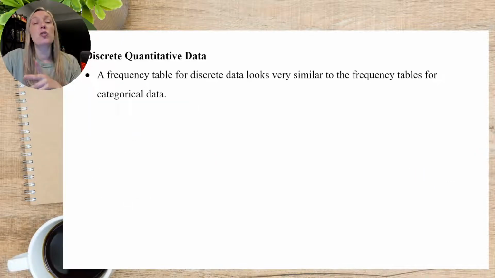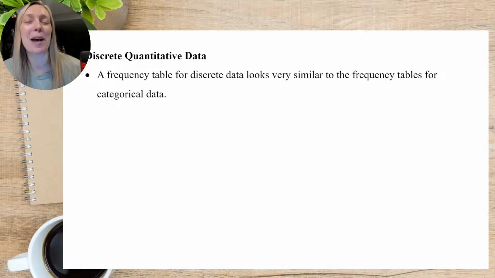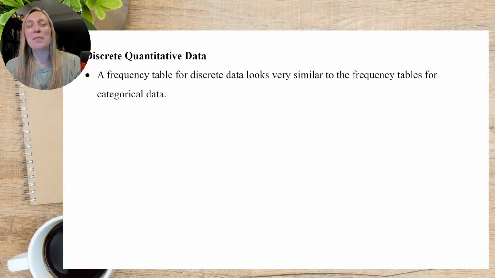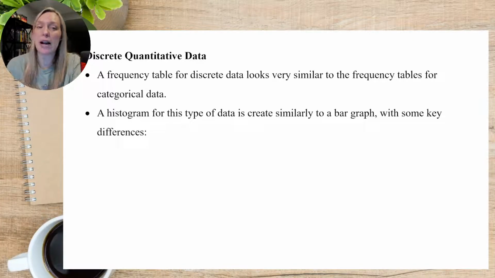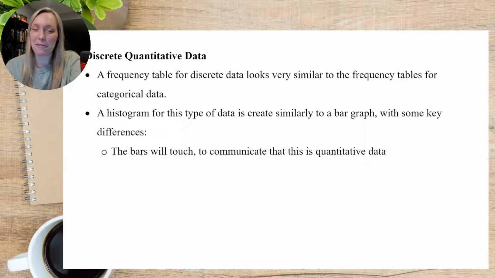Discrete quantitative data, if I can say that vocab word 10 times fast, looks very similar to the frequency tables for categorical data. And a histogram for this type is created, again, similarly to a bar graph, with some key differences.